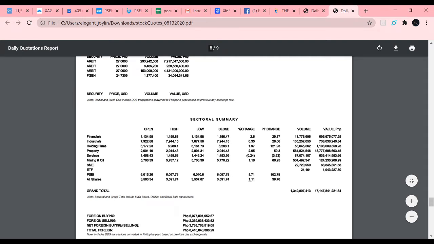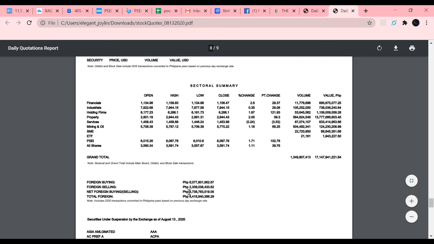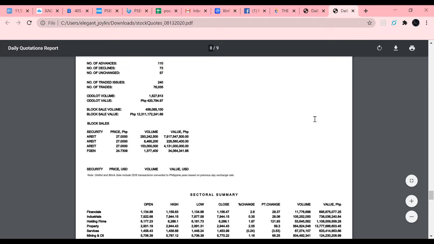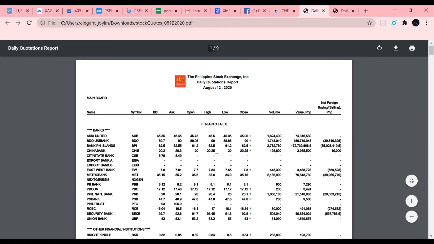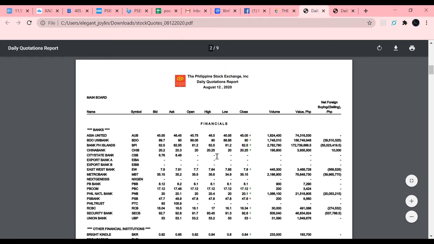Actually, there's net foreign buying of around 3.7 billion, which is a good sign. The biggest is the property sector, specifically the REIT. So, that's where they bought. And I think it's the same on August 12.